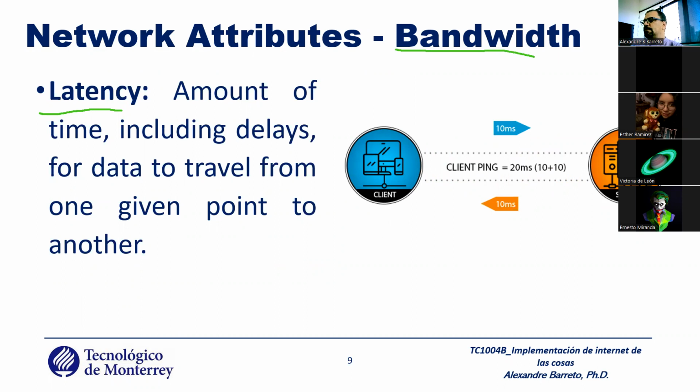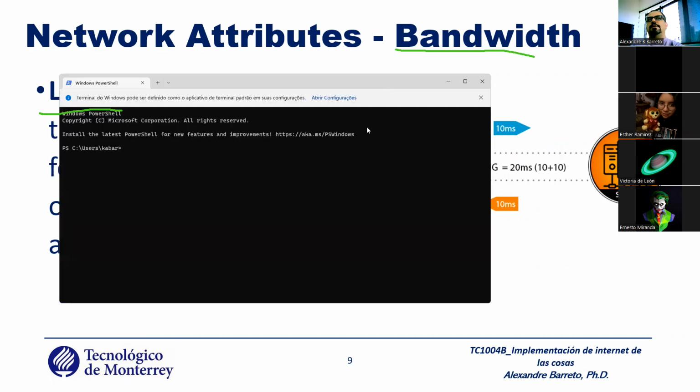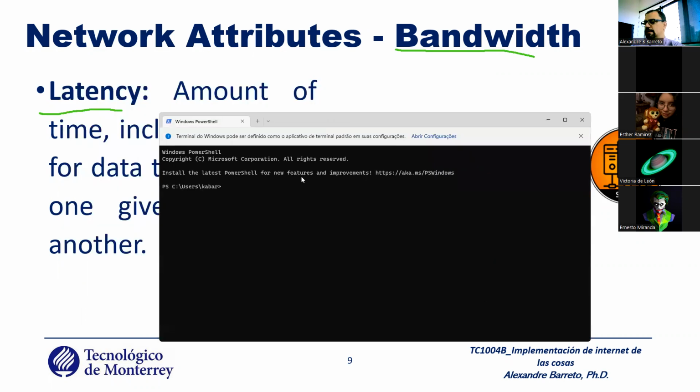give me a second. Okay, you can use the command ping. For example, the ping command, tech.mx. When I type this command, I send a packet to the tech server.